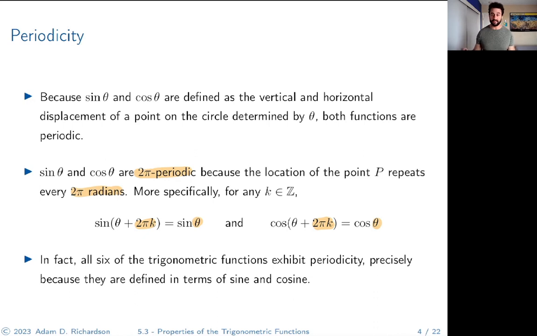In fact, all 6 of the trigonometric functions exhibit some periodicity precisely because they're defined in terms of sine and cosine. So that's one of the reasons why I keep emphasizing that if you can grasp sine and cosine really well, then you can grasp tangent and cosecant and secant and cotangent just as well. You just have to make sure you're comfortable with sine and cosine.